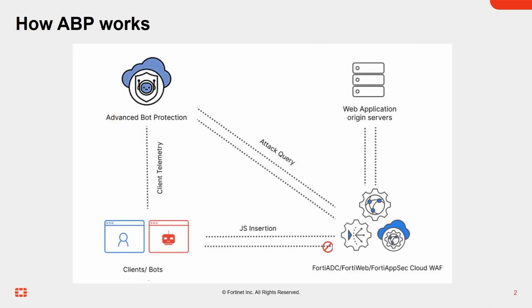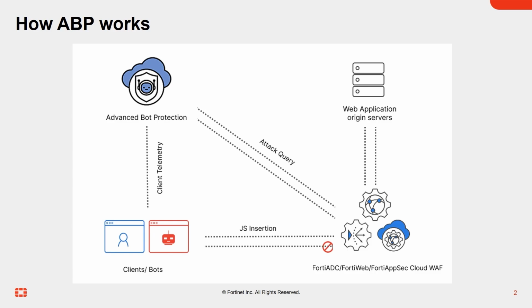FortiAppSec Cloud Advanced Bot Protection (ABP) uses a multidimensional deep learning engine to identify and mitigate bot attacks by continuously learning from traffic patterns. It integrates seamlessly with existing FortiWeb, FortiADC, or FortiAppSec Cloud WAF deployments.